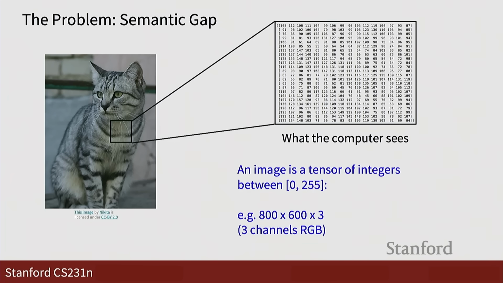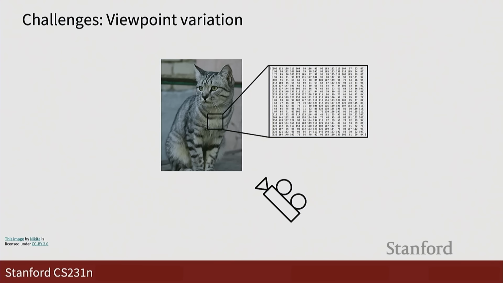let's look at some challenges, some variations in this type of imaging data. Let's assume, as one example, that we move the camera. If the camera is moved, for example, panning the camera around, even if the cat sits completely and perfectly still, every single pixel value of 800 by 600 by 3 will be changed.